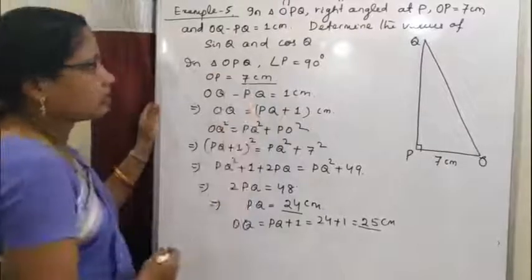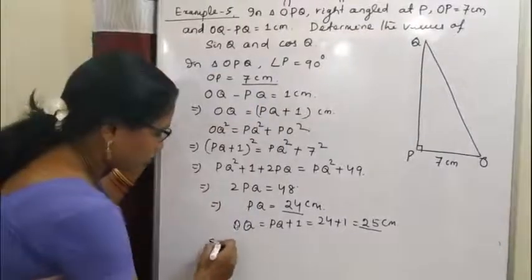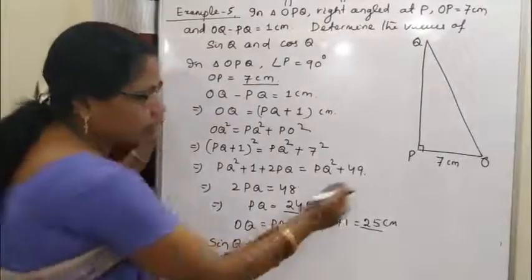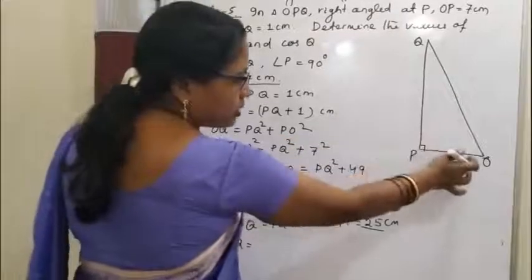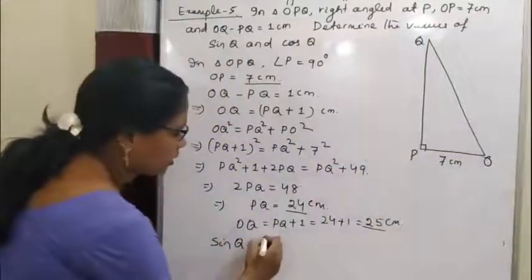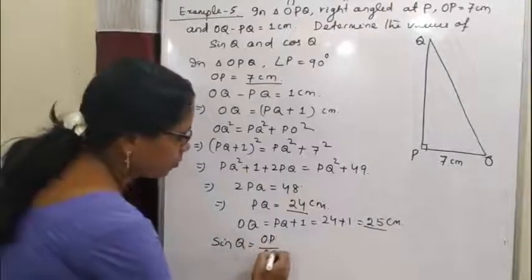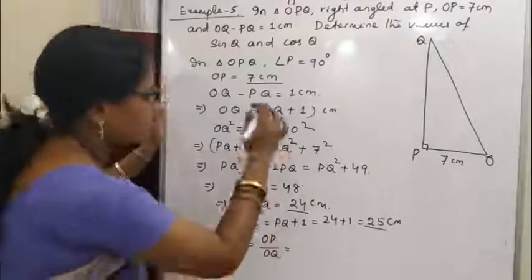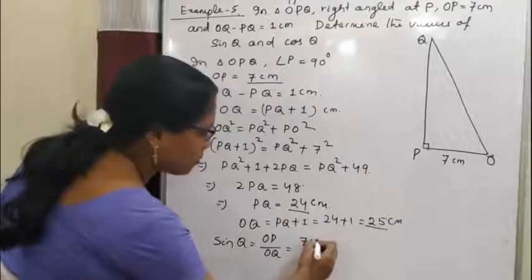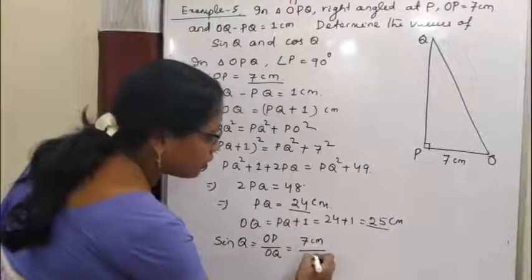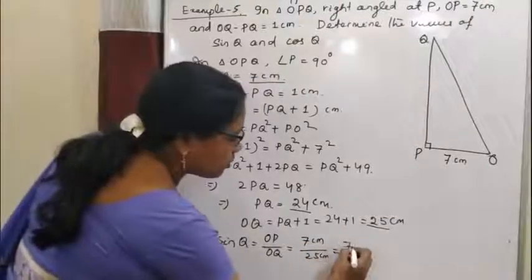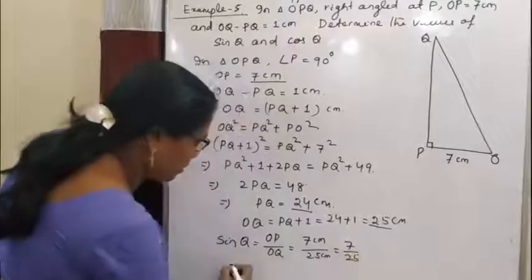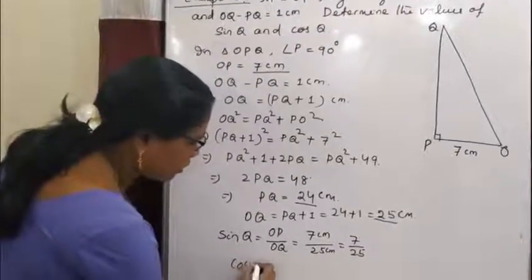Then we can find sin Q and cos Q. So sin Q is equal to opposite side by hypotenuse, that is OP by OQ. So OP is 7 centimeter by OQ is 25 centimeter. So this is equal to 7 by 25. Then what is cos Q?